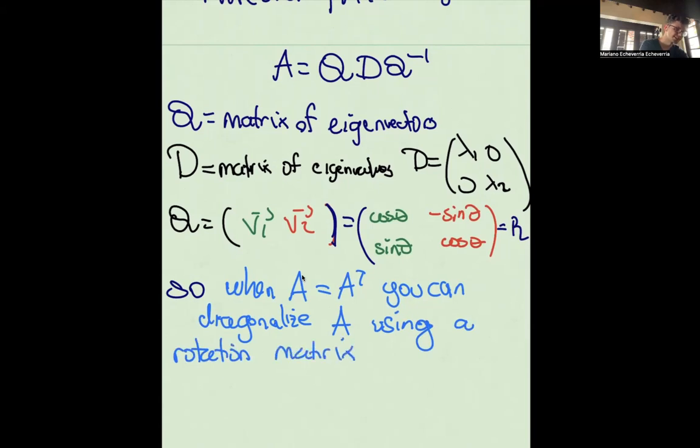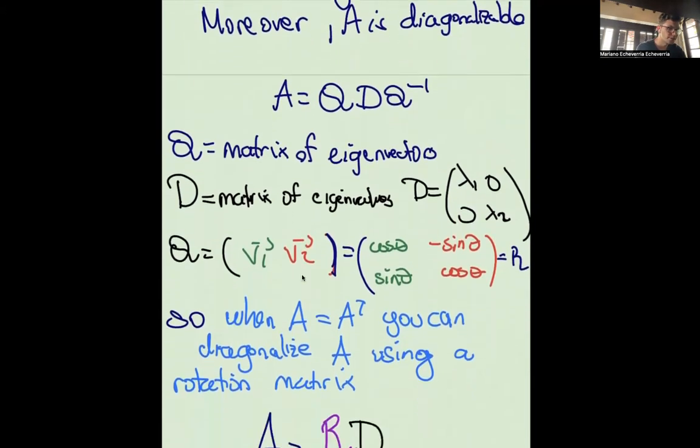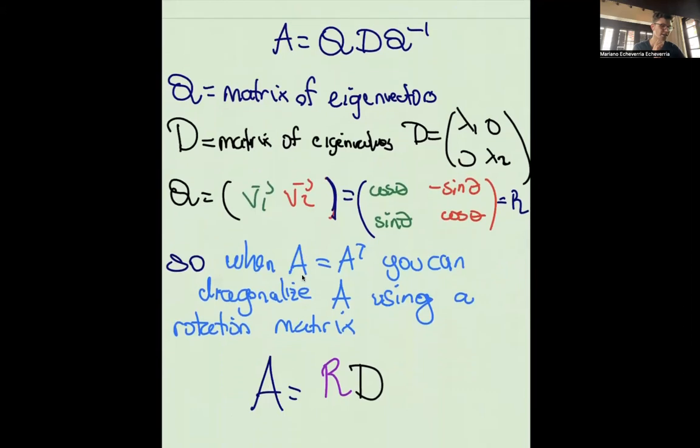You can write A equals R D, and here you would put the inverse of a rotation matrix, which is the transpose. That's easy to check.